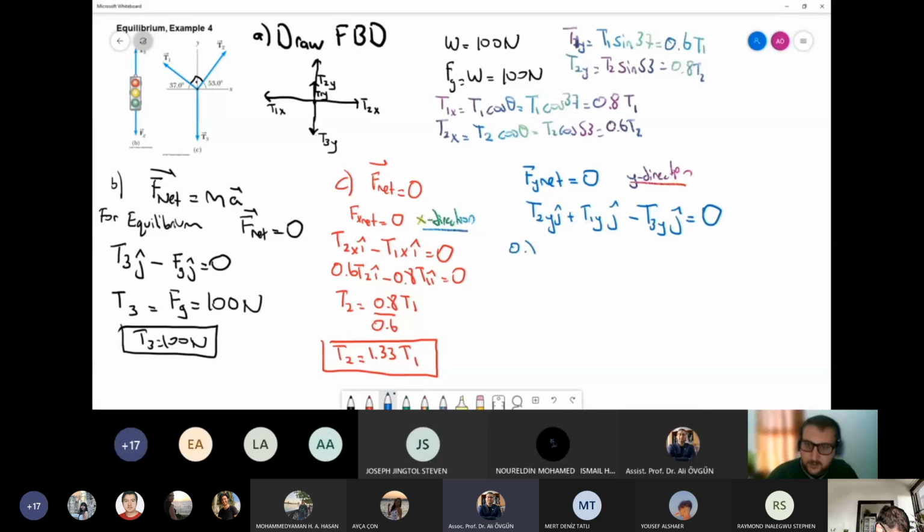T2y is 0.8 T2, plus T1y is 0.6 T1, minus T3y. T3y is equal to 100 Newton, because T3 has only one component, so 100 Newton equals 0. So here also there are two unknowns. What are they?